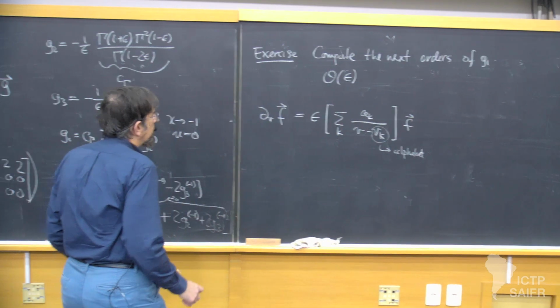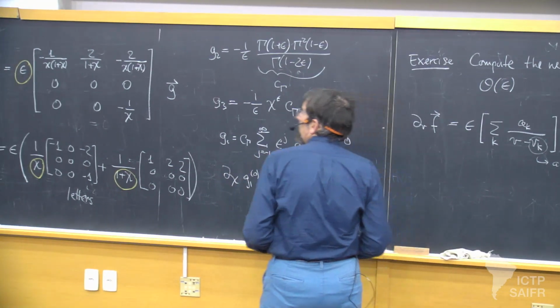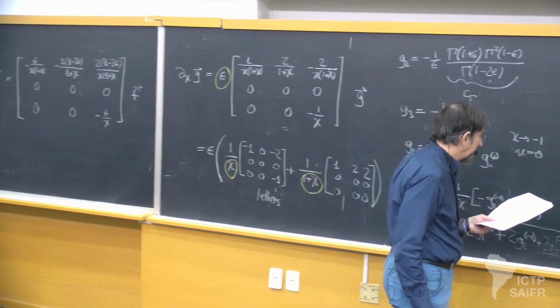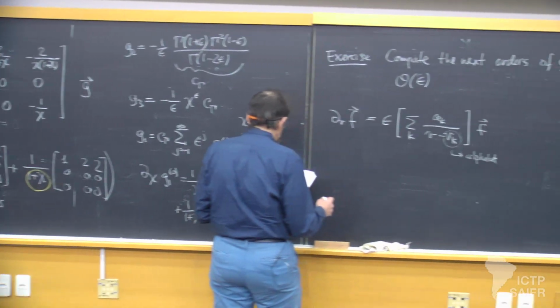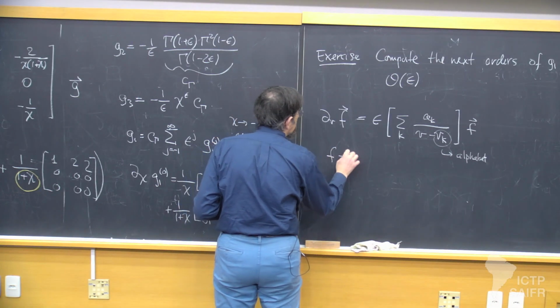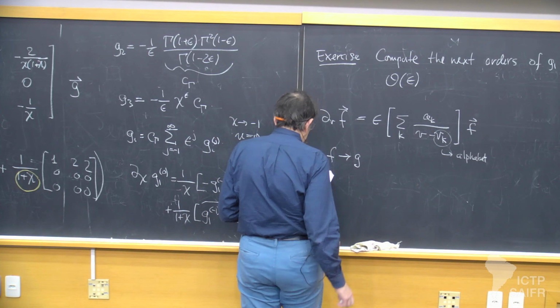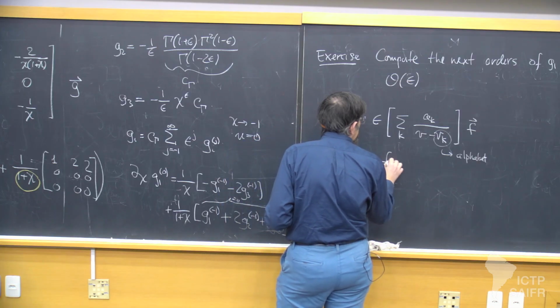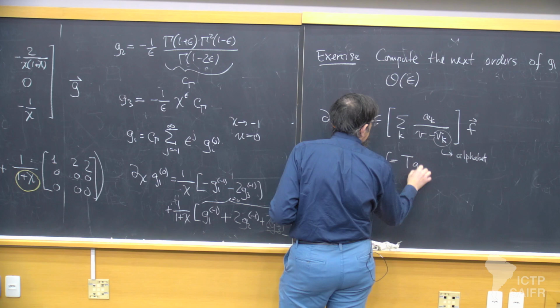And in general, the change of basis you need to make is more than just multiplying the integrals by something. So in general, the change of basis going from f to g is going to involve some matrix.